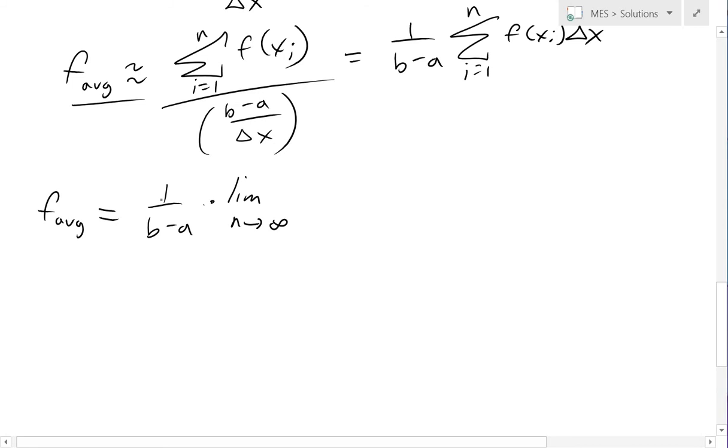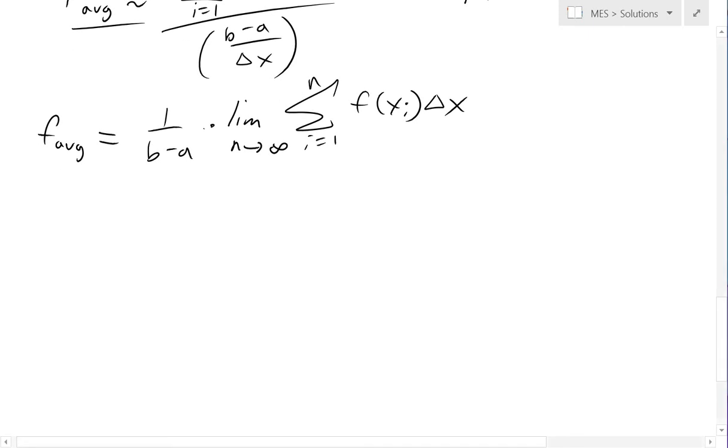So now this constant could be inside or outside, it's always going to be the same. So now we have the sum from i equals 1 up to n of this f of xi delta x, and now we could write this as an integral.